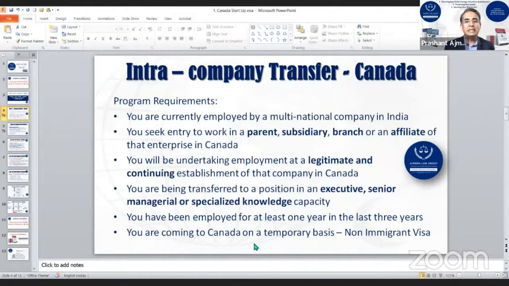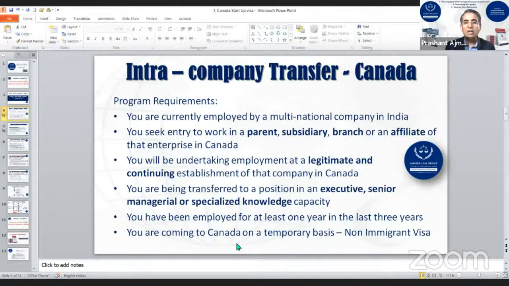As an employee, you should be working for that multinational or Indian company in India, and that company should have a branch, office or company in Canada, which should be a parent company, a subsidiary, a branch or an affiliated company.